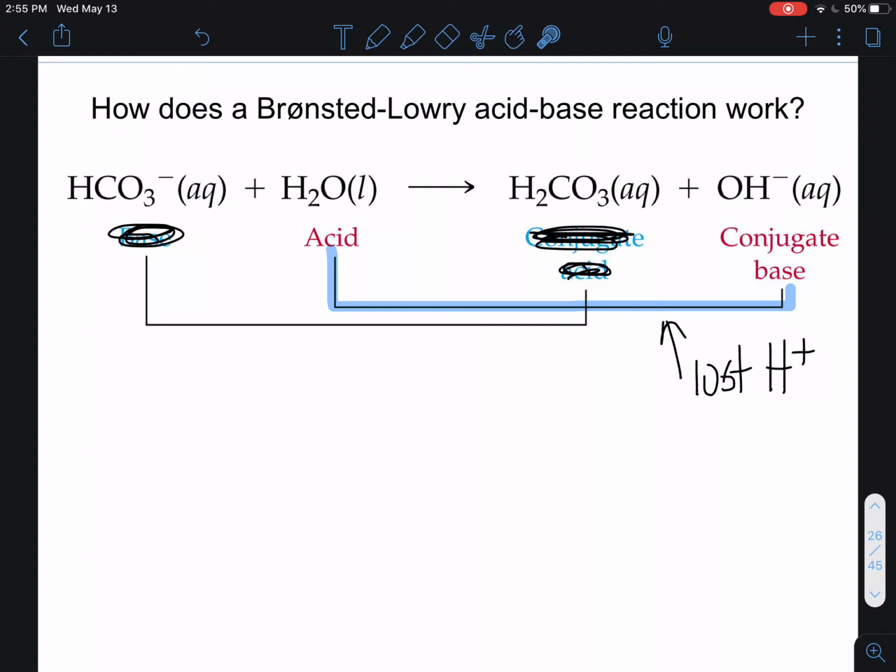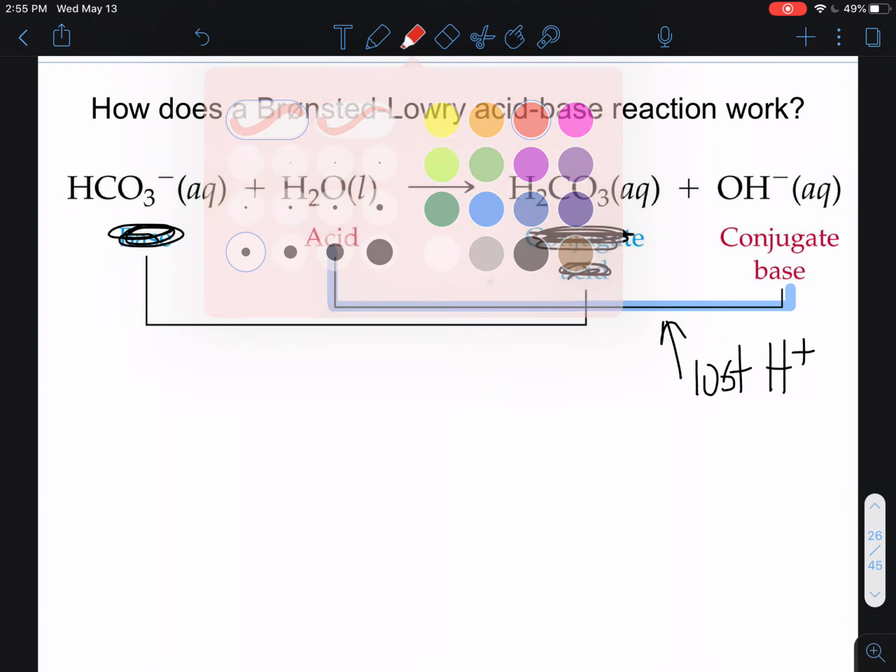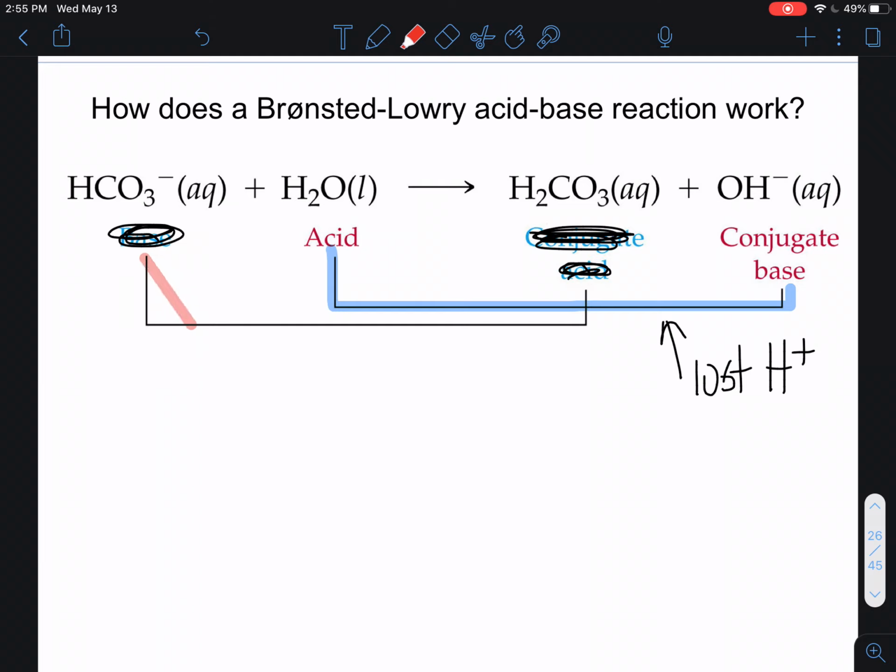Likewise, if we look at bicarbonate, we're going to say, all right, well, it starts off as this, and then if we follow the line, if the line is not there, I would just draw it. I would draw it if I were you. And then what happened? It gained a proton.